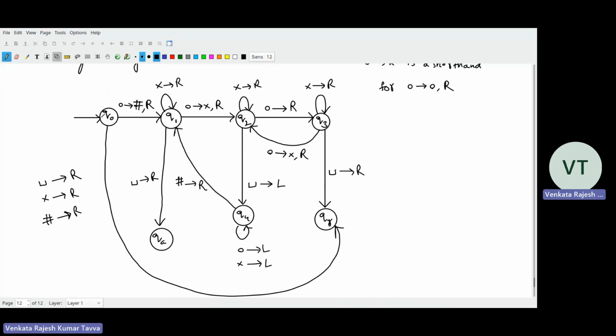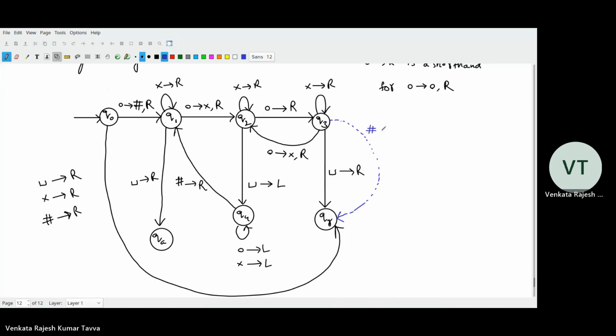It will not touch cross actually, but in a Turing machine, you have to show a transition for every symbol, like a DFA. It may or may not get that symbol, but still you should show the transition. Similarly, here also. So I'm not showing every transition.